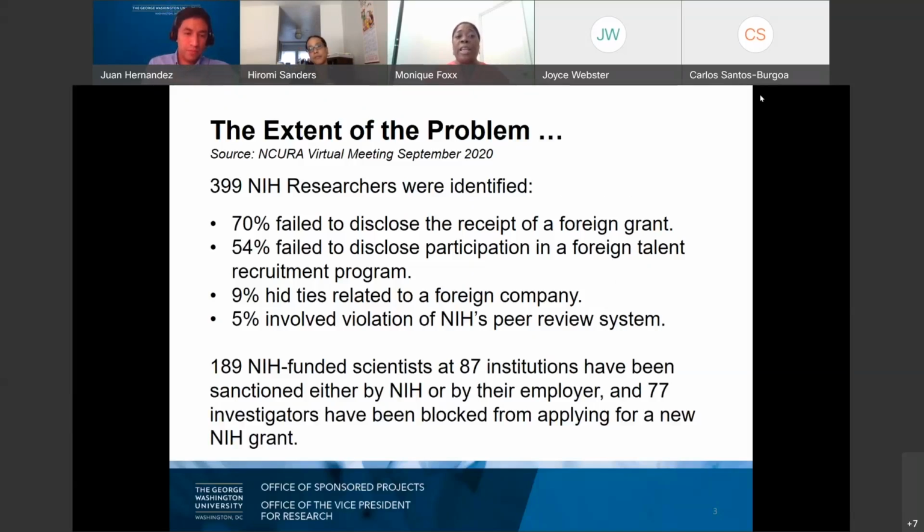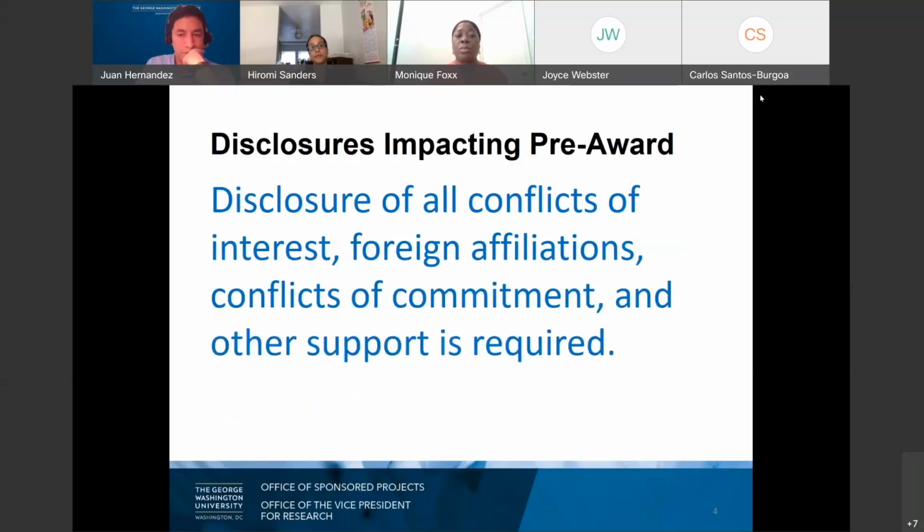So different areas about failure to disclose, about working with a foreign talent program or receiving foreign grant funds, 9% had ties related to a foreign company, and actually 5% were involved with violation of NIH peer review. So it is a serious issue.